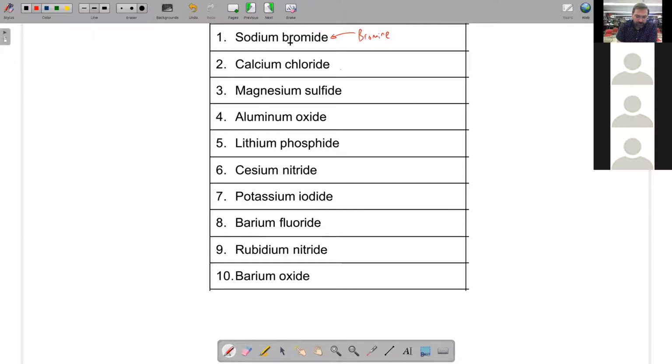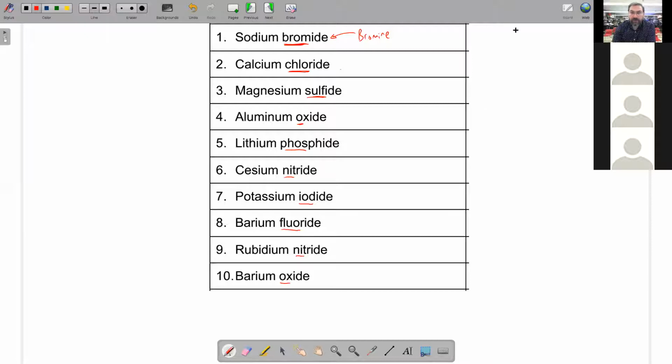But the trick is to look at the beginning of it. The beginning won't ever be confused with anything. So brom, chlor, sulf, ox, phos, nitr, iod, fluor. These are the beginnings of element names that appear as anions toward the right-hand side of the periodic table.